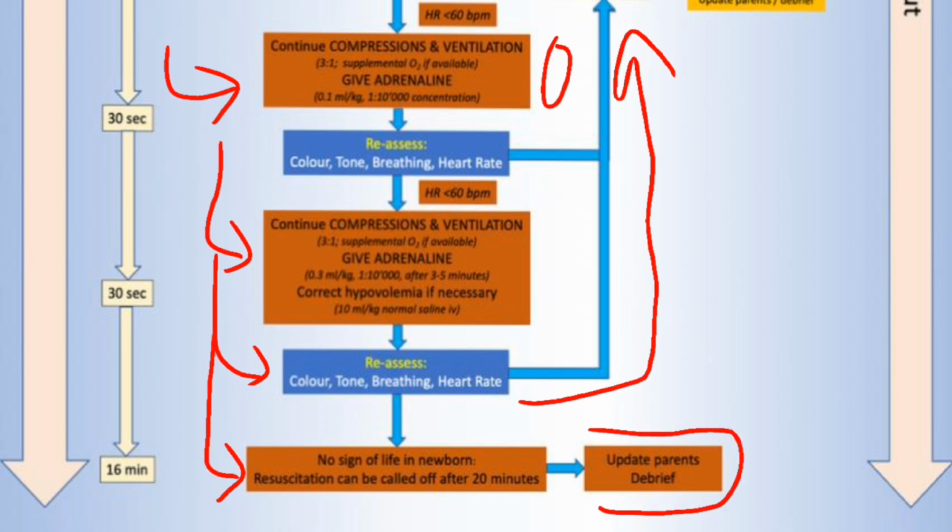Okay, so remember we were updating parents, at least on crucial steps. So even after there's no life in the newborn, at least the parents were getting some information on how the resuscitation was going. Say, okay, at this stage we are now just trying to do this and this. At this stage maybe the heart rate is there, but it's only because of the adrenaline that we have given.